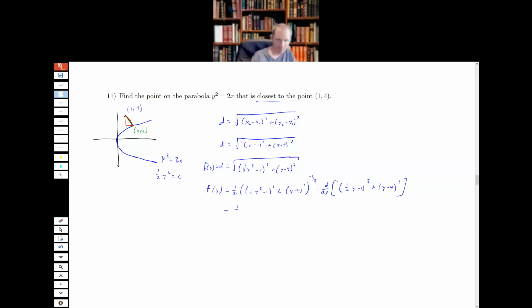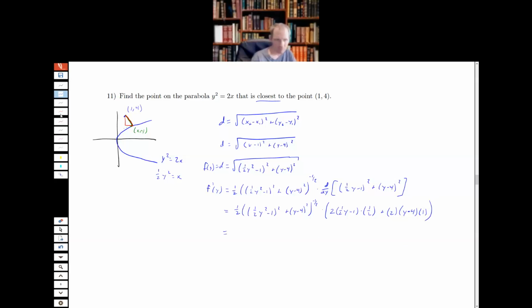Okay, so let's go ahead and take care of that derivative of the inside stuff. So when I differentiate this first term, I'm doing a chain rule. The 2 comes down, 1/2 y minus 1 to the power of 1 times the derivative of the inside. And over here, 2 comes down, y minus 4 to the power of 1, and the derivative of the inside stuff is 1.